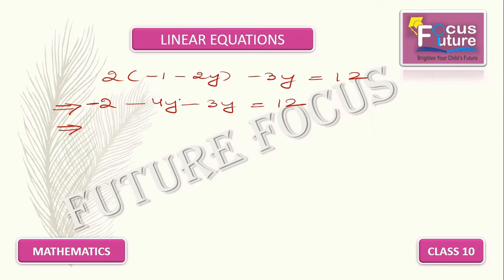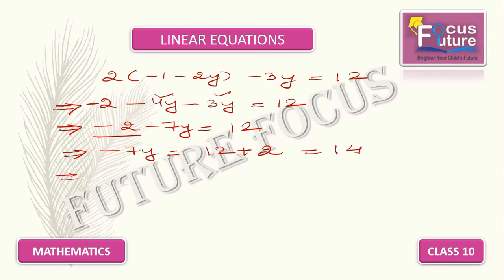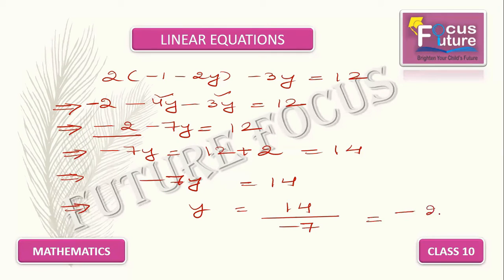So minus 4y minus 3y would be minus 7y, and minus 2 would go to the right hand side. You would get minus 7y is equal to 12 plus 2, that is equal to 14. So y would be 14 divided by minus 7, that is minus 2. So the answer of y is minus 2.